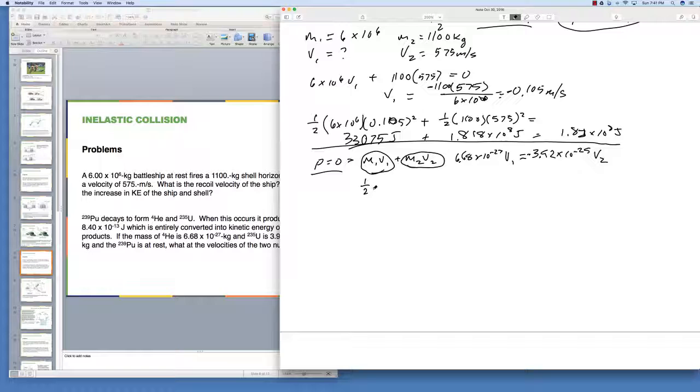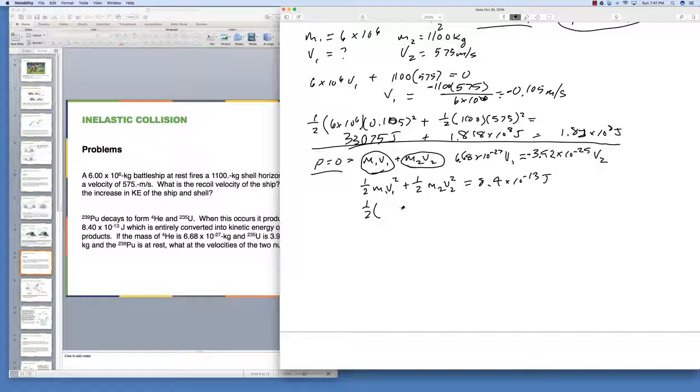And then the second thing is that the sum of the kinetic energy of these two has to equal the kinetic energy generated by the separation, which is 8.4 times 10 to the minus 13 joules.